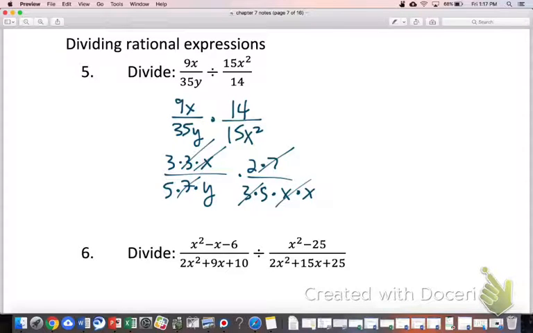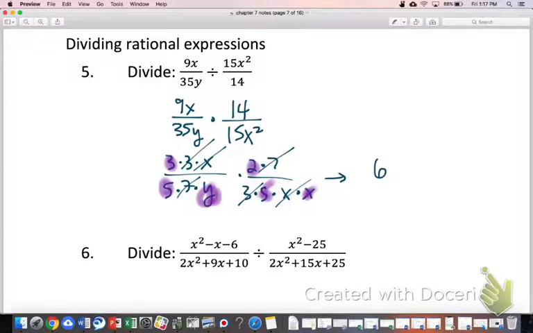Okay, so then, quiet down. Once you've done this, I think the leftovers become fairly clear. There's a 3 and a 2. When you multiply the numerators times each other, 3 times 2 is 6. And down low in the denominators, you've got a 5, you've got a y, you've got another 5, and you've got an x.